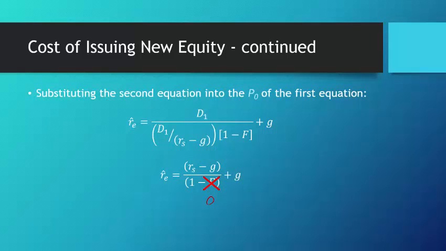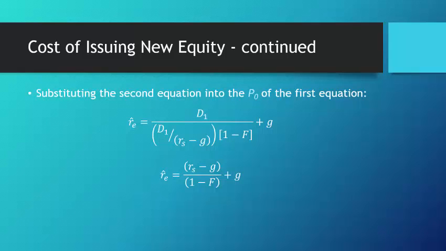Also note that if there are no flotation costs, in other words if F goes to 0, what we end up with is R sub S minus g over 1, which is just R sub S minus g. So R sub S minus g plus g is equal to R sub S. The only reason R sub E is higher than R sub S is because of the flotation costs.